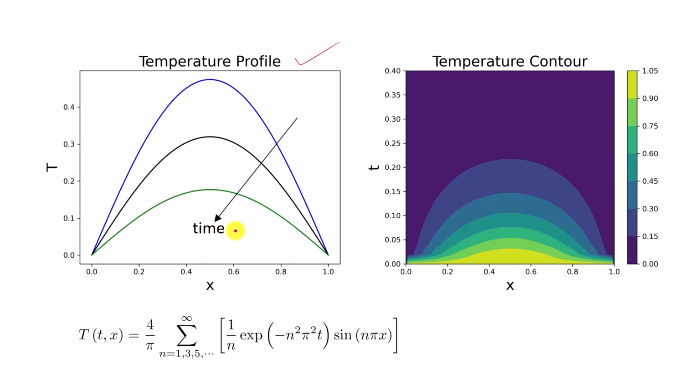Everything is going toward T equals 0, and very similar information you also get from the temperature contour. So these are the ways you can plot this function. This is a two-dimensional array in discretized form, but this is a function of two independent variables, t and x.